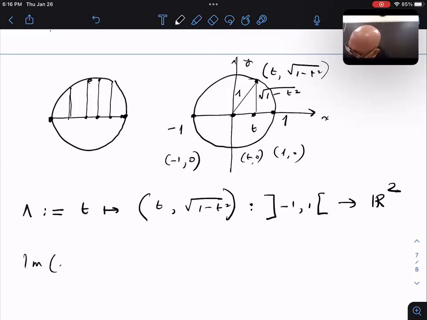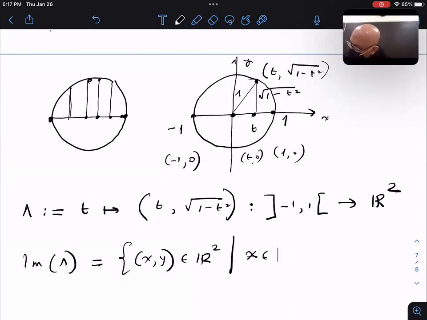The image of lambda is equal to the set of all x, y in R2 such that x lies between -1 and 1, and y is bigger than 0.